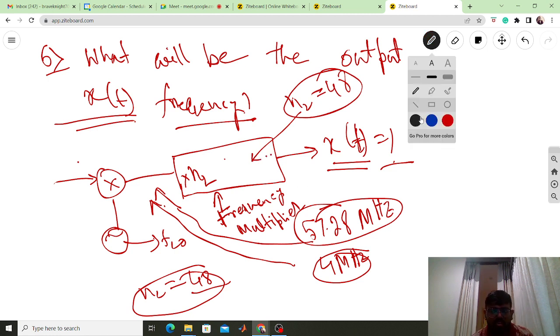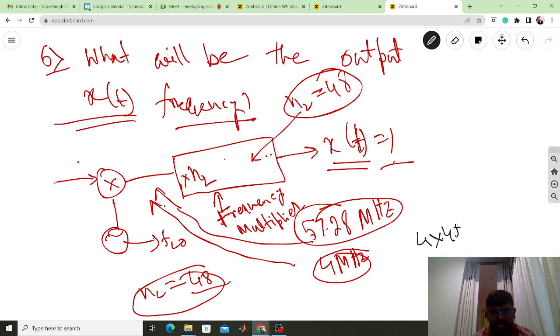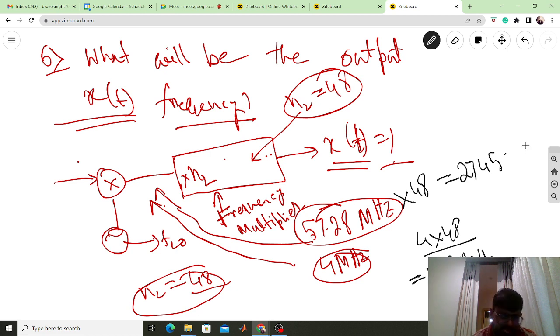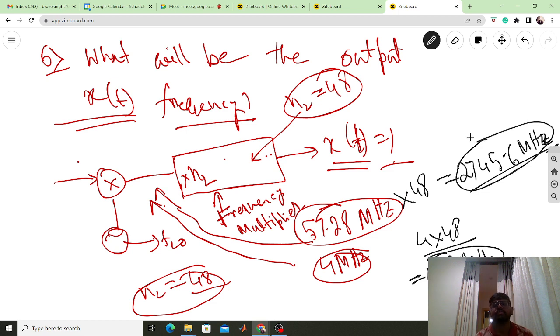So you just multiply these two, and the output you will get will be 4 into 48, 192 megahertz. And if you multiply this by 48, this will be 2745.6 megahertz. These are the answers: 192 megahertz and 2745.6 megahertz.